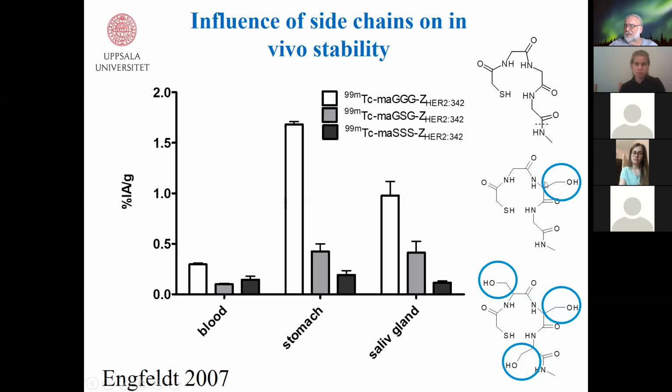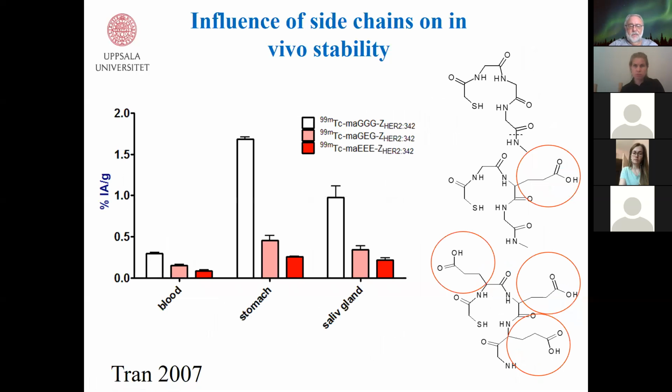So when we have electron donating side chains, we pick up the technetium and give it time to re-establish the dative bond with amide nitrogen, and in this way stabilize it. And since the effect is apparently dependent on the number of serines, it very clearly could be ascribed to the action of serine.